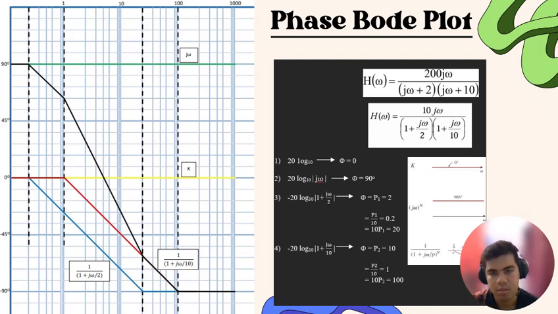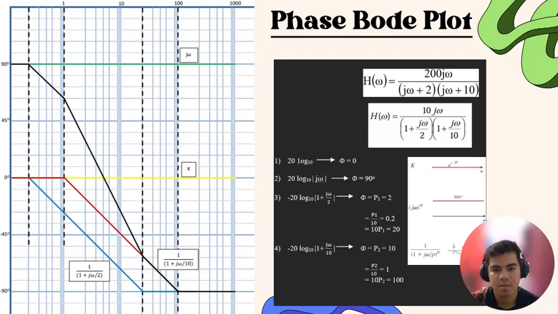So that we can see H(ω) for 200 jω over (jω plus 2) and (jω plus 10), that we have simplified to 10 jω over (1 plus jω over 2) and (1 plus jω over 10). And we have the two equations.